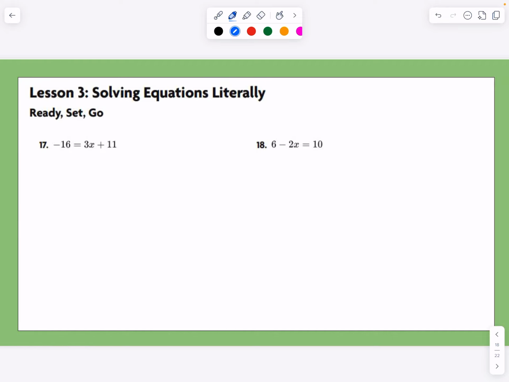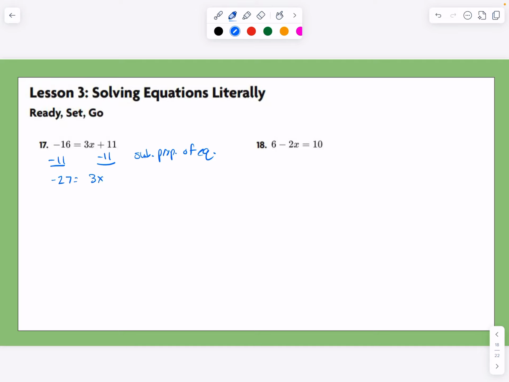All right, so number 17. Same idea, right? You're going to do one step at a time. And so maybe I want to subtract 11. And doing subtraction, what am I doing? I'm using the subtraction property of equality. So I end up with a negative 27 here equals 3x.